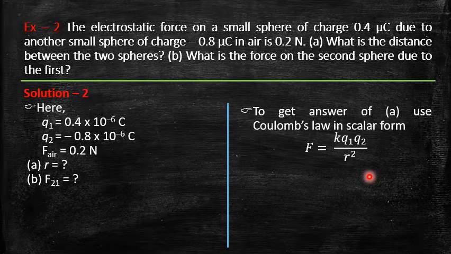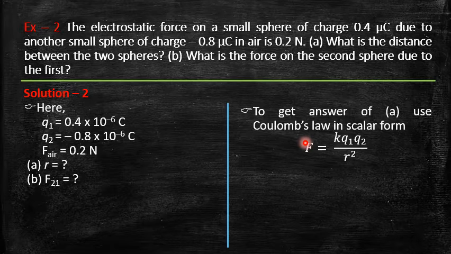Now, suppose the answer F is say 1 Newton. What is 1 Newton? Is it force on Q1, force on Q2, or the total of Q1 and Q2? It means half Newton is on Q1 and half Newton is on Q2? No: if K Q1 Q2 by R square is 1 Newton, then that force is experienced by Q1 as well as Q2.